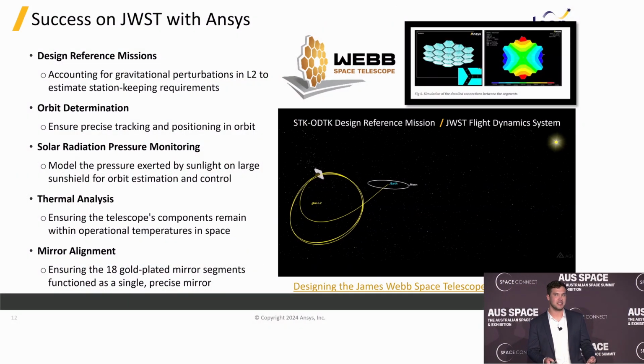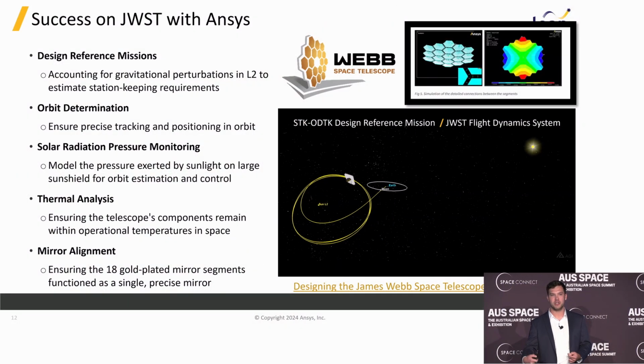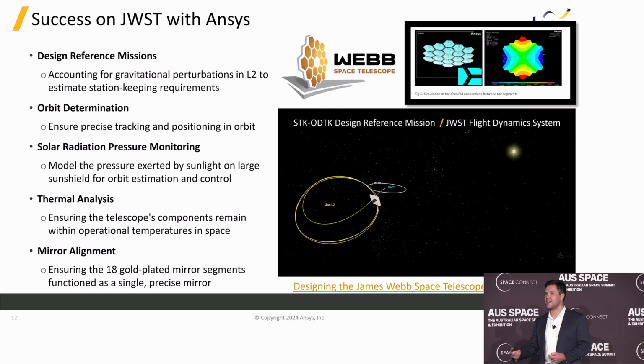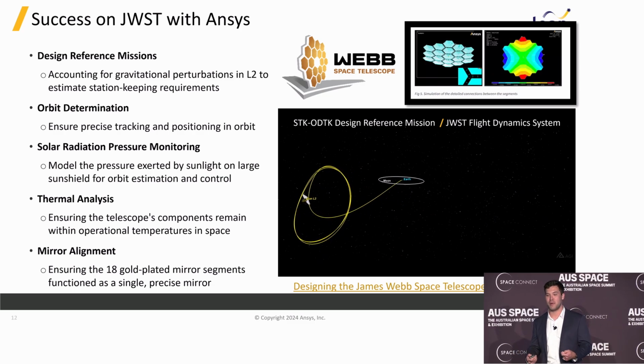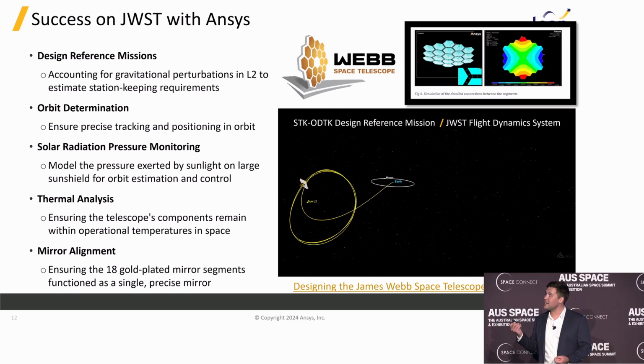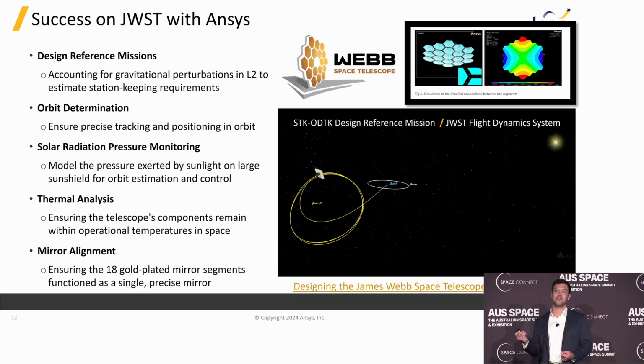We need to plan, we need to optimize a trajectory, one that is complex around the sun's L2 Lagrange point. We need to consider thermal analysis and the cyclic loading that all the components will go through, whether we go down the active or the passive cooling routes for thermal management. And when it comes to aligning that complex mirror, we need to make sure that is precise. It's calculated that throughout the James Webb Space Telescope, there are some 340 single-point failures.